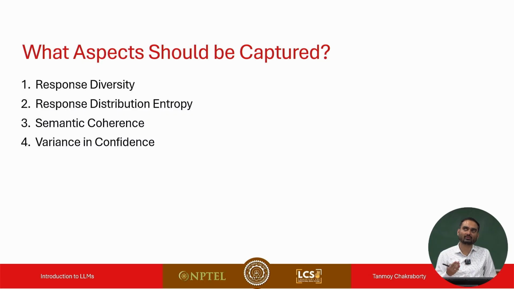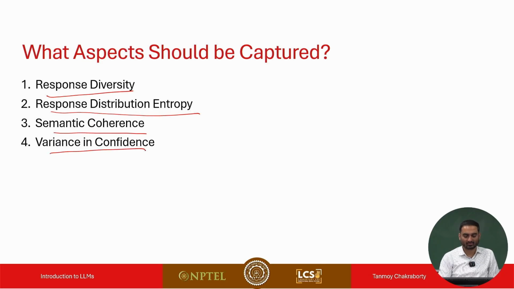How do you know that the metric we propose is actually of good quality? We check whether the metric captures response diversity, response distribution entropy, semantic coherence, and variance in confidence. I will discuss all these one by one.